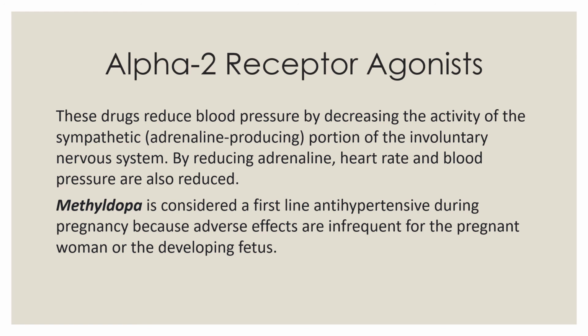Again, these drugs right here are not all that common. However, methyldopa, which is the most common drug in this class, is used in pregnancy-induced hypertension because it doesn't have the effects on the mom and the fetus that some of the antihypertensives do. So it is safe for pregnant mamas.